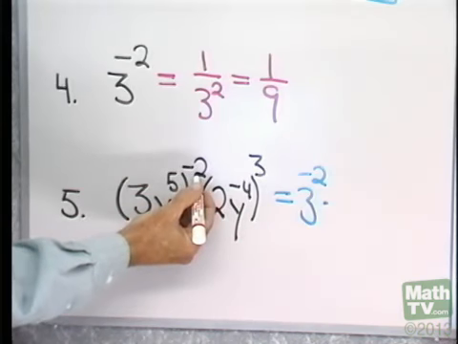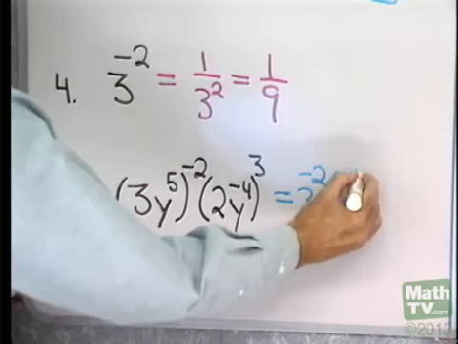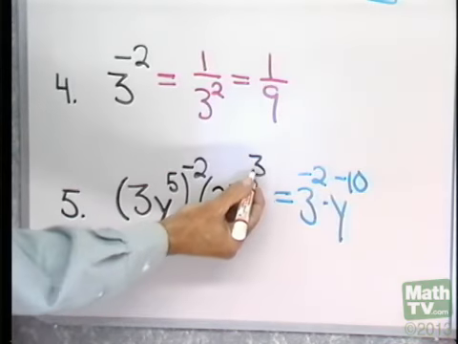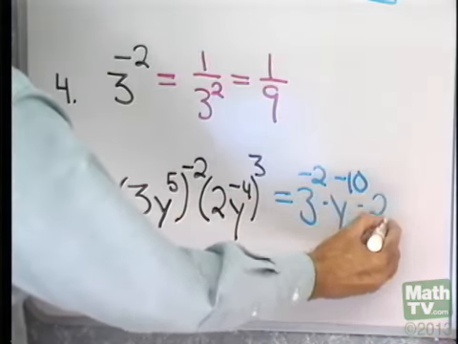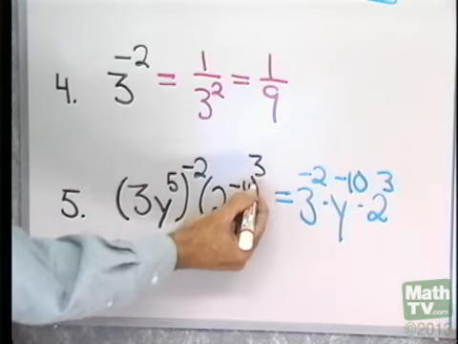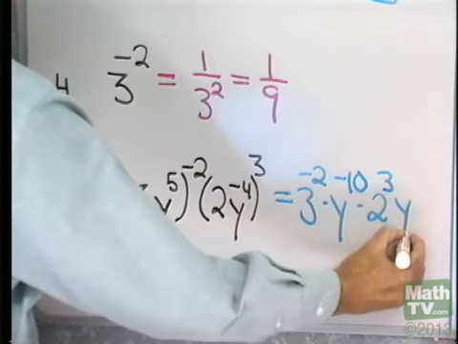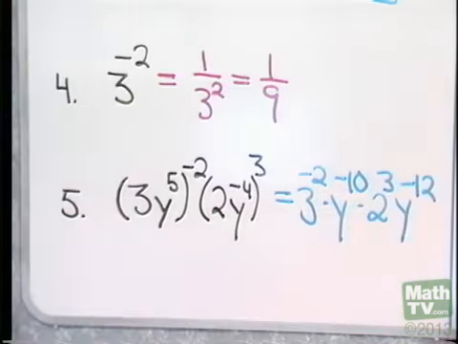I have a power raised to a power, so I multiply exponents. Y to the negative 10th. Here I have 2 raised to the third power, so 2 to the third. And then I have y to the negative fourth raised to the third, so I have a power raised to a power. Again, I multiply exponents, and I get y to the negative 12th.